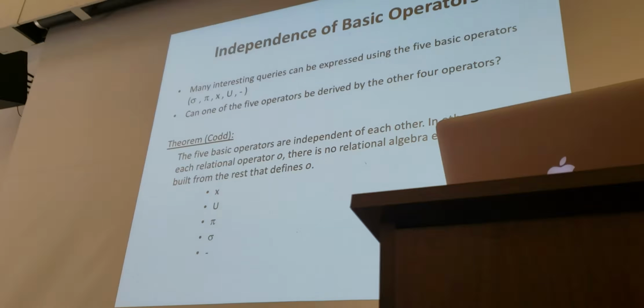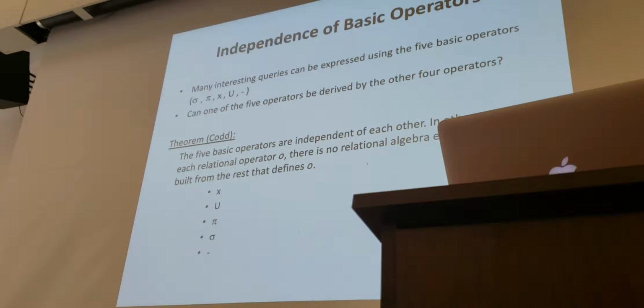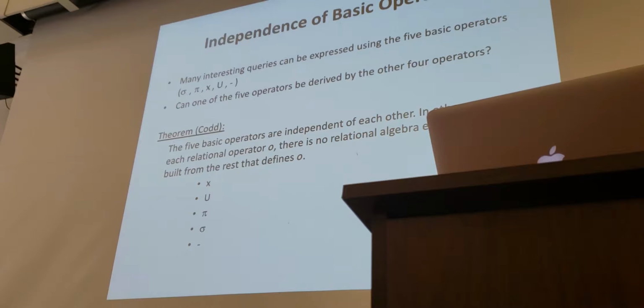Now, I'm going to take something back, but we'll see. Union increases the number of rows. And here's where I told you a lie, but I'm going to change it to a truth. I said that sigma reduces the number of rows, so does difference. But here's the thing. Sigma is a unary operation, one operand that reduces the number of rows.